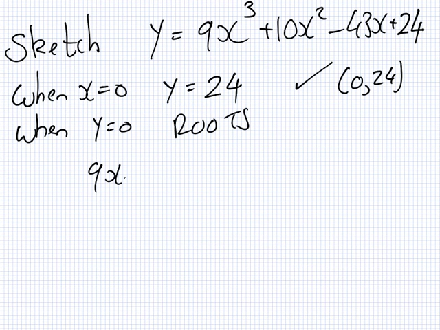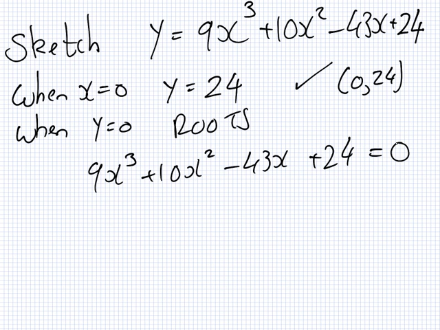So we need to solve this equals 0. Now this is a bit of a problem to solve. So it means we have to factorize this. And this is also a bit of a problem, because when we factorized last time, I gave you one of the factors, and then we used long division to get the other factors, right?